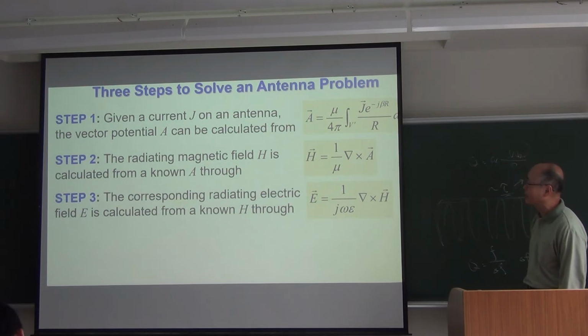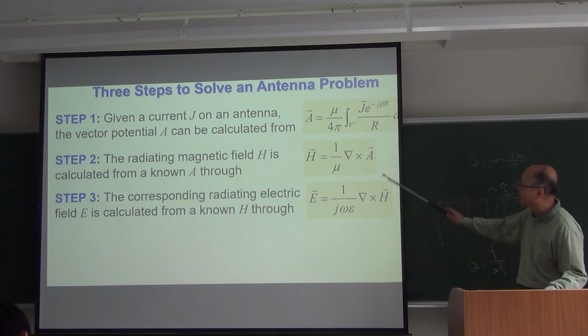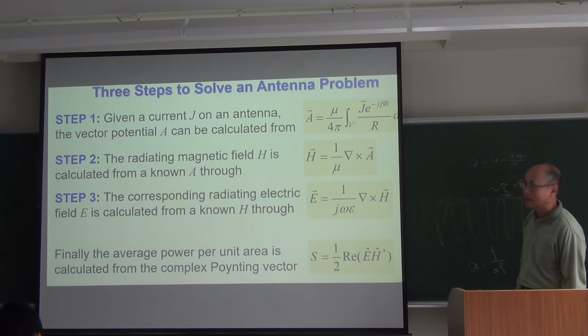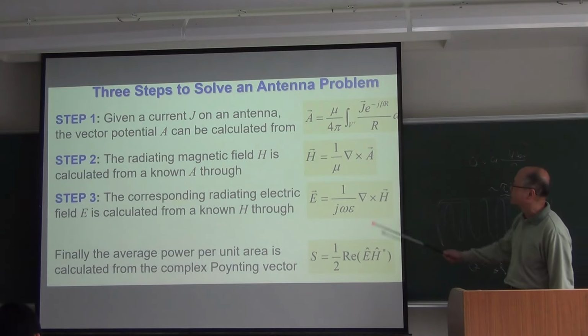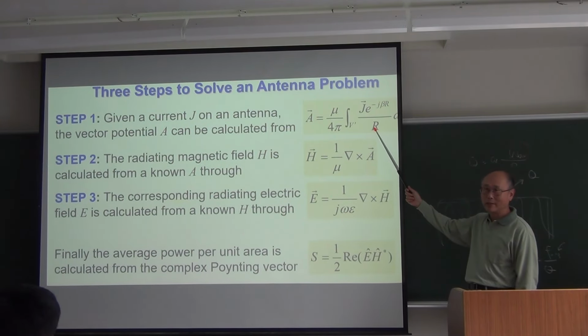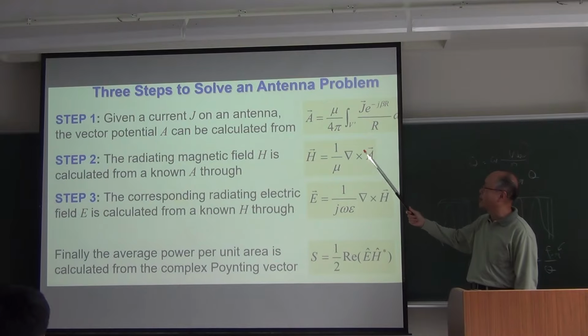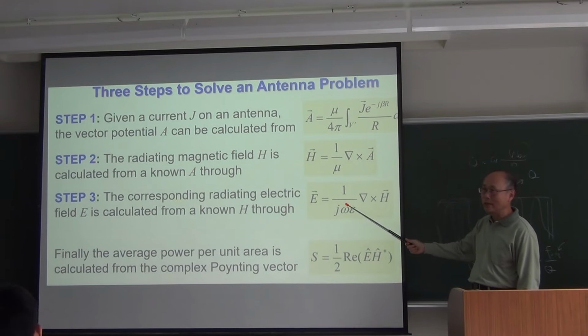So those are steps 1, 2, 3 for you to calculate the electric field and magnetic field for this antenna problem.